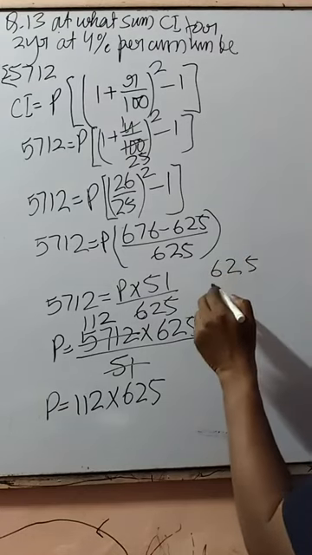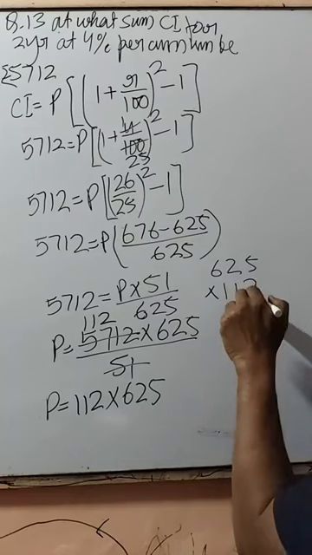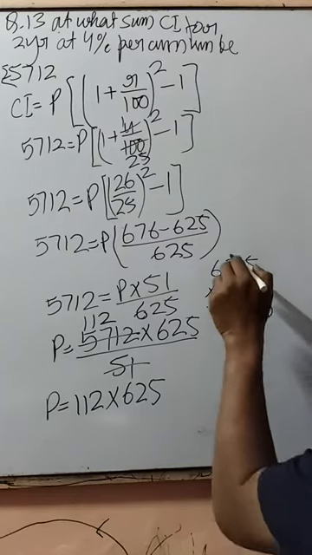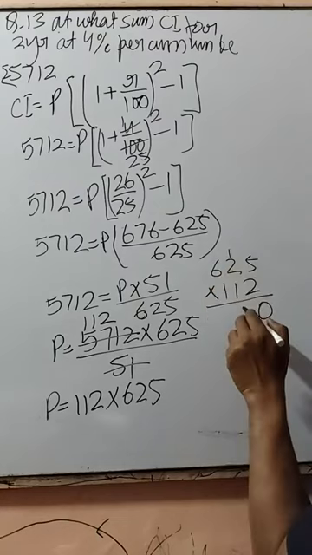625 into 112. 2 times 5 becomes 10, we get 1. 2 times 2 becomes 4, 1, 5.